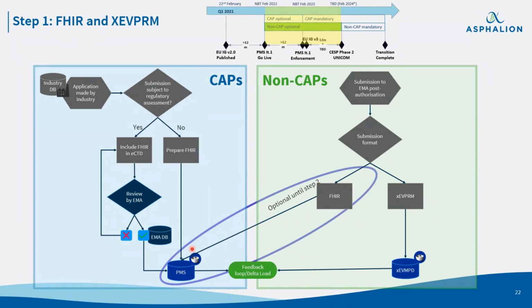One of the proposals is that we avoid some administrative variations. For example, changing the name of a manufacturer. So instead of creating our whole variations and compiling sequences and sending it to the agencies, in the future, they may not be subject to regulatory assessment, and it can be a similar case of the change of QPPV.